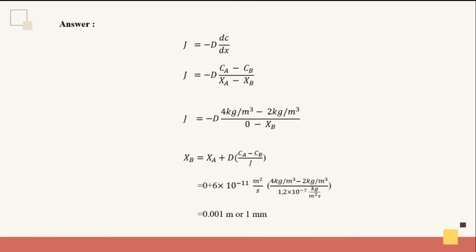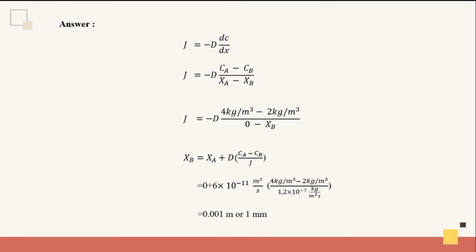So when we rewrite, XB equals XA plus D (CA minus CB) per J. That is 0 plus 6 times 10 to the negative 11 meters squared per second, times 4 kilograms per cubic meter minus 2 kilograms per cubic meter, divided by 1.2 times 10 to the negative 7 kilograms per meter squared second.